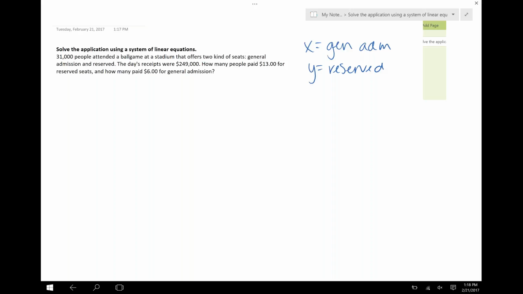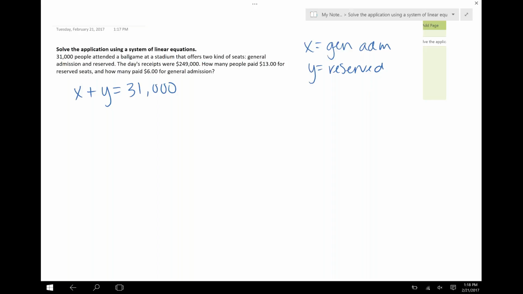How many people paid $13 for reserved seats? And how many paid $6 for general admission? So X represents the number of general admission tickets, and Y represents the number of reserved tickets. So if 31,000 people attended, then X plus Y equals 31,000.